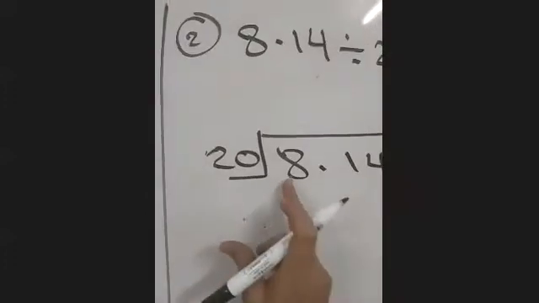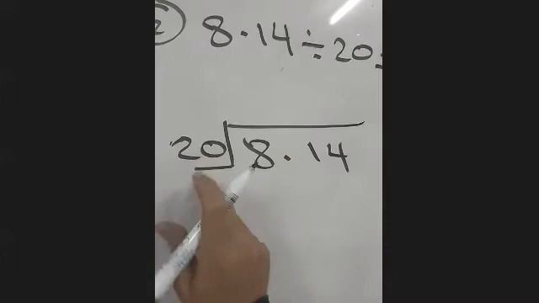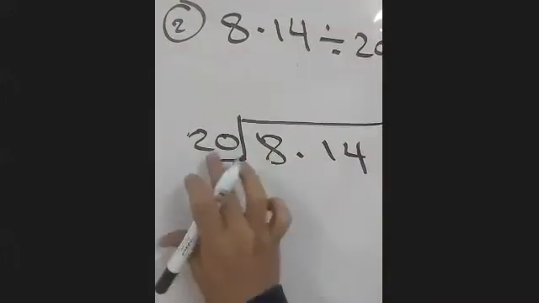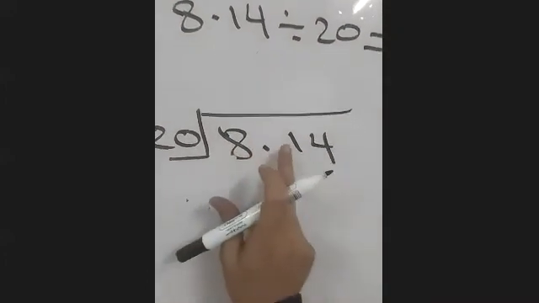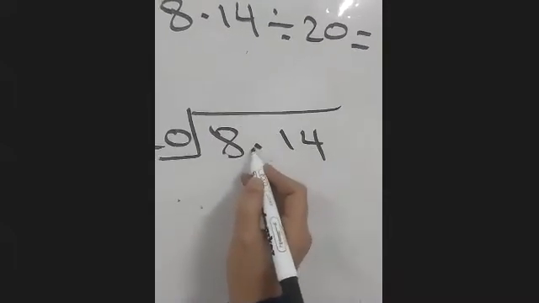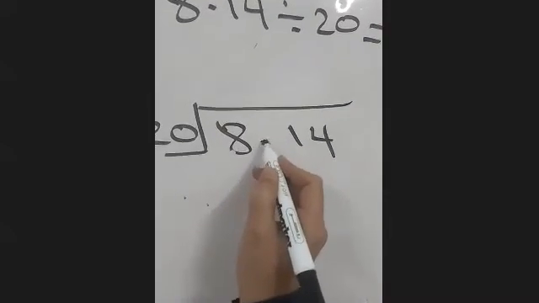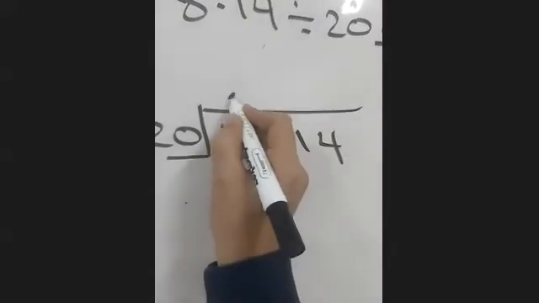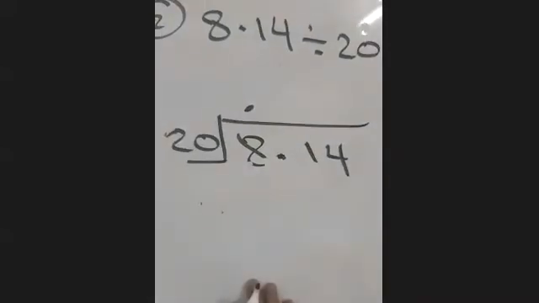Now can the 8 be divided by 20? No, 8 is less than 20. So I will go and take the 1 with it. But while I'm going to take the 1, I have the decimal. Put it up. Don't forget that.